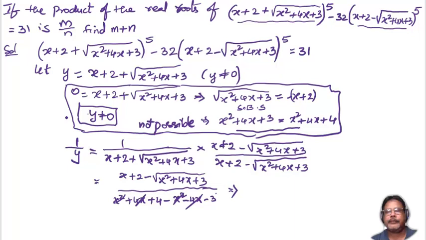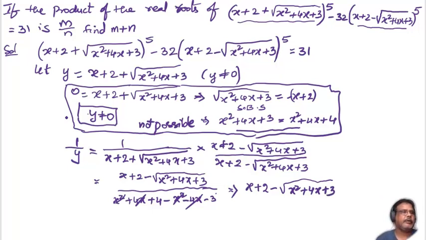So 1/y = x + 2 − √(x² + 4x + 3), and these two values are conjugate.